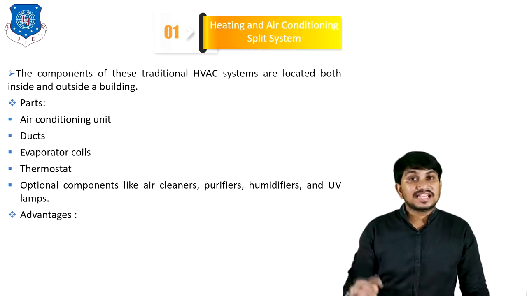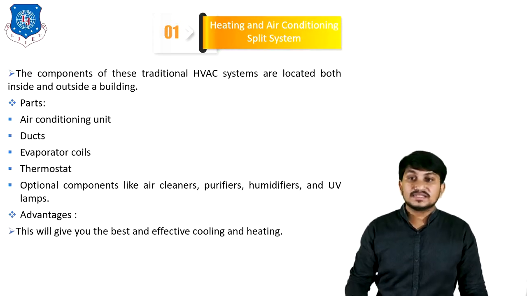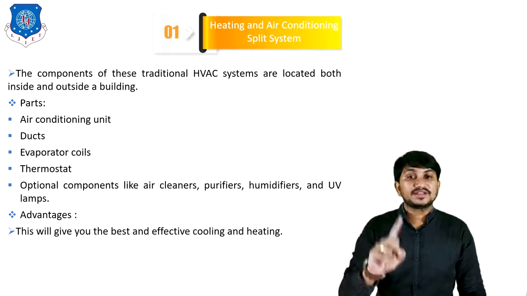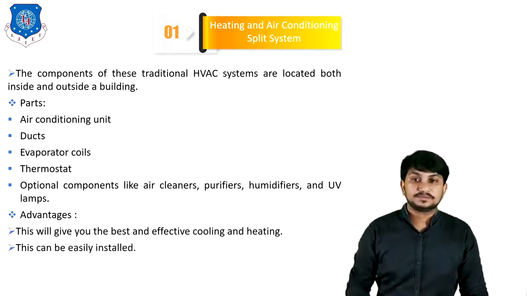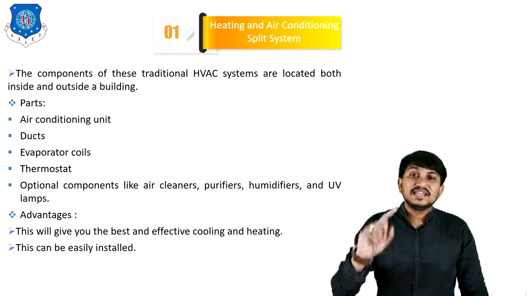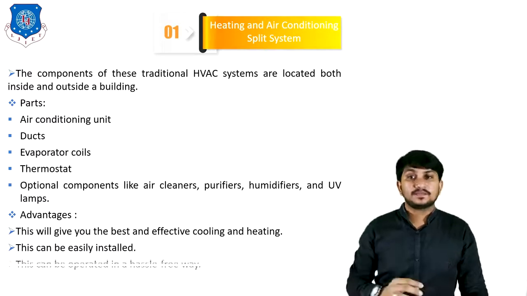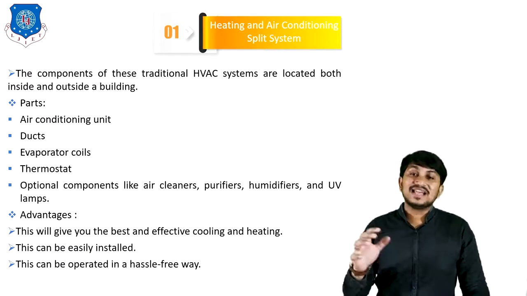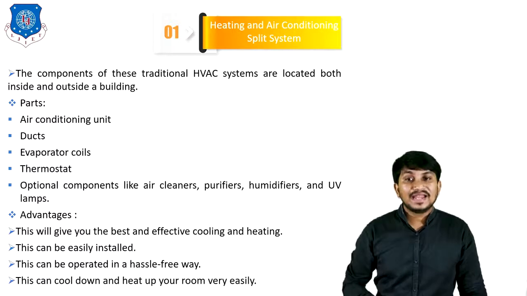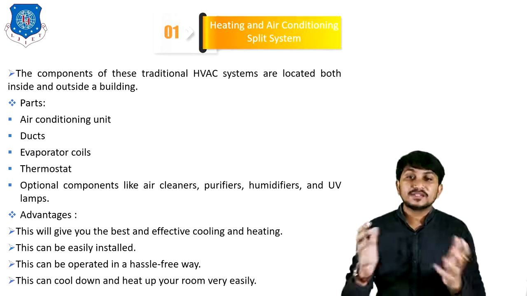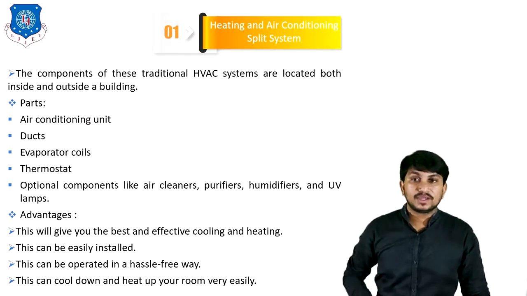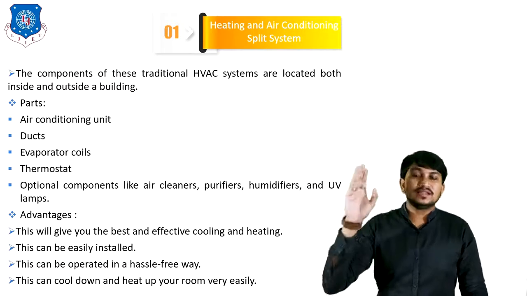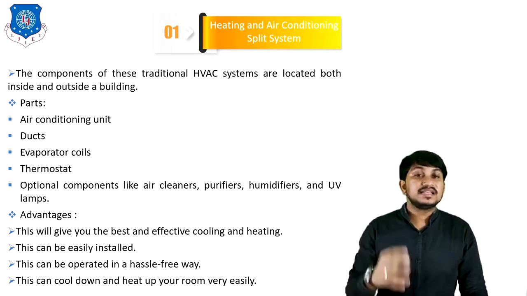There are various advantages of this system. First, this will give you the best and most effective cooling as well as heating. This can be easily installed in every type of building. This can be operated in a hassle-free way. And this can cool down and heat up your room very easily. These are the advantages of the heating and air conditioning split system.